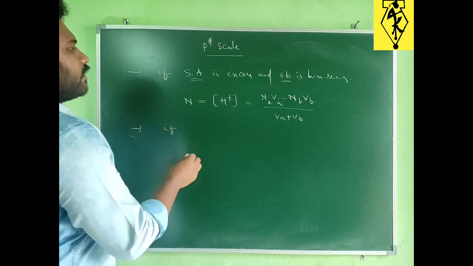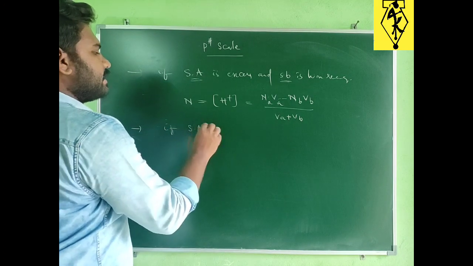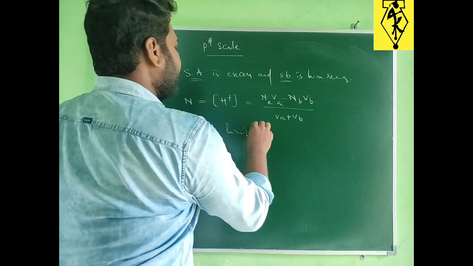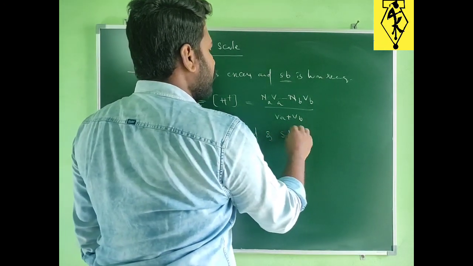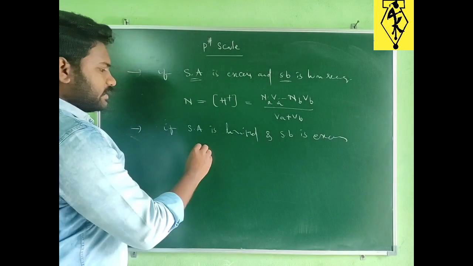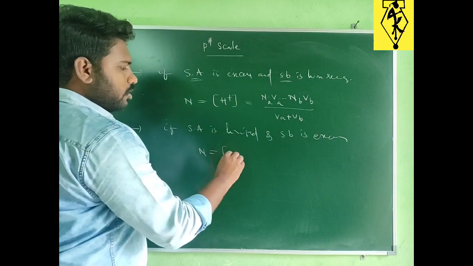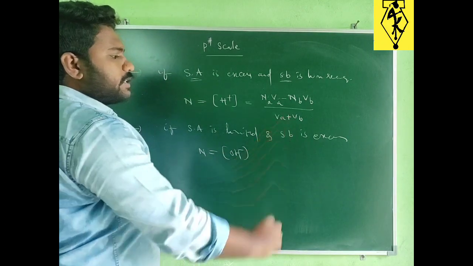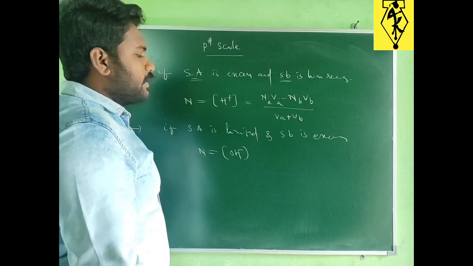Next, if they have given the strong acid as the limiting reagent and the strong base in excess. In such a situation, N is equal to the OH minus ion concentration we are going to get first, because the concentration of OH minus ions is more in that solution.